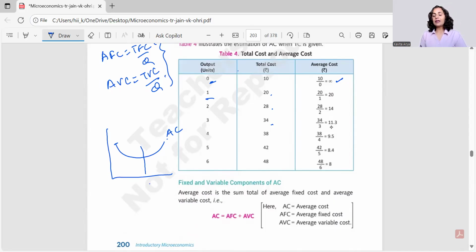Again, every U-shape in this chapter is governed by the law of variable proportion. Law of variable proportion also says that the productivity initially increases, then falls, right? So this is TP. Till it is increasing, whenever the productivity increases, it means the per unit costs keep going down. And when there is a constraint in the productivity, the costs start moving up, right?